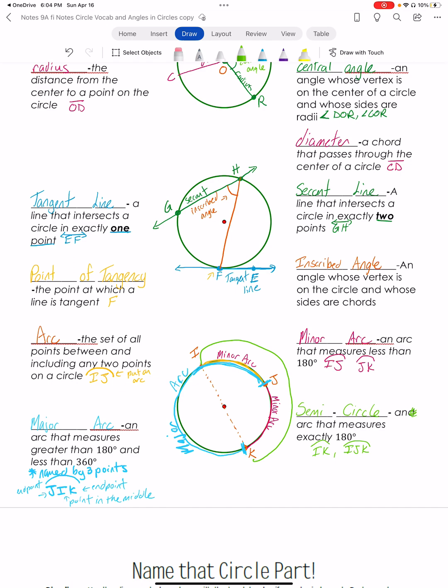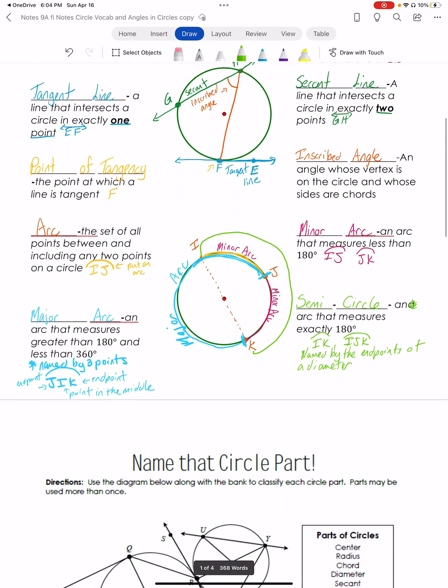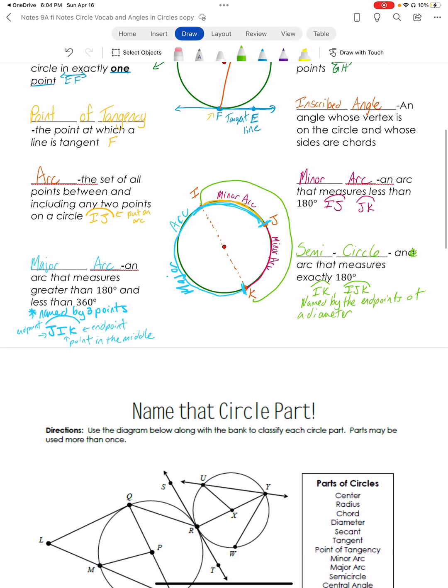I could also name that KI, named by the endpoints of the diameter. Direction doesn't matter with a semicircle. So, all right, that's the super boring vocabulary.